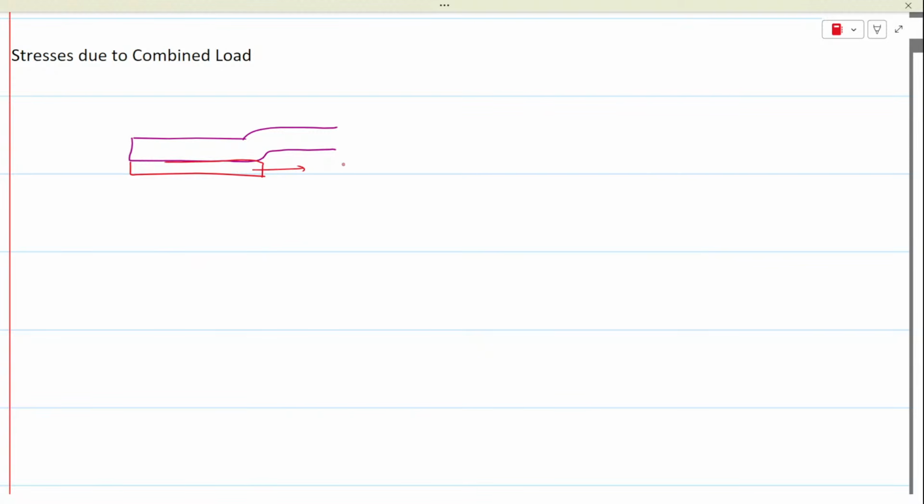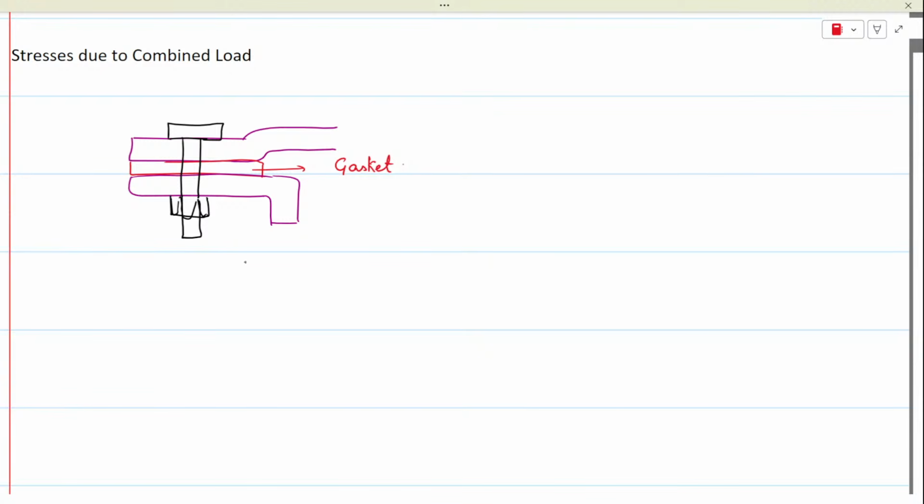It could be a rubber gasket, or gasket joint, and this is clamped together using the nut and bolt assembly. So this is the first case. In the second case, the gasket would be absent.